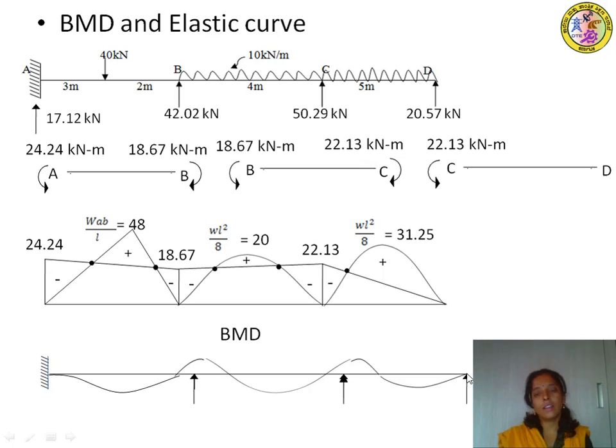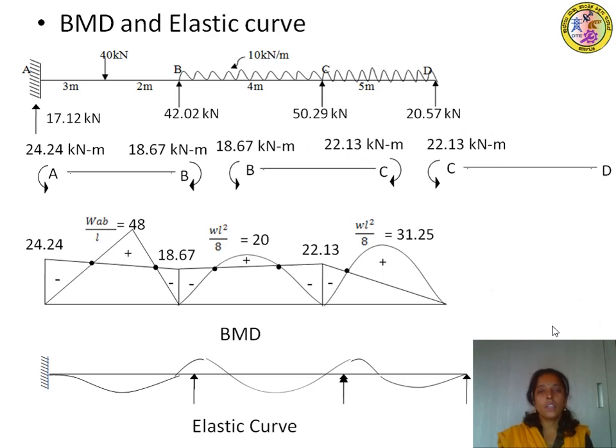That angle is nothing but the slope. So at a fixed end the slope should be 0, and at the simple end or hinge or roller there should be some slope. That is how you should draw the elastic curve. This is the elastic curve for the given beam.